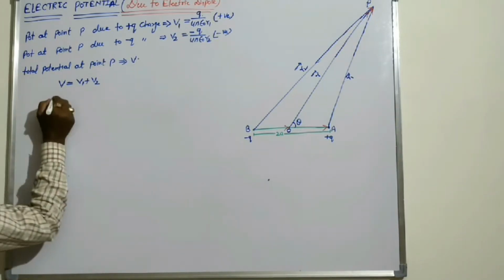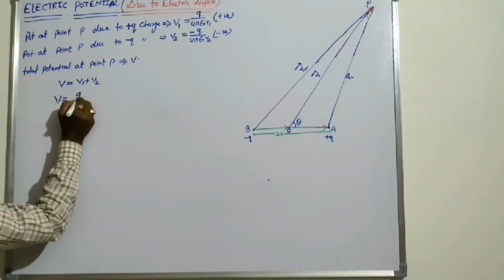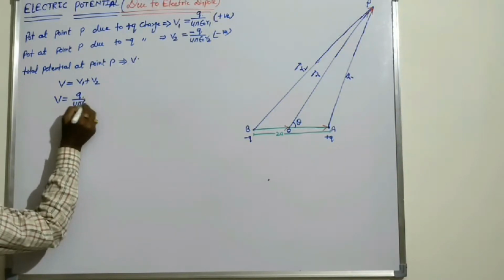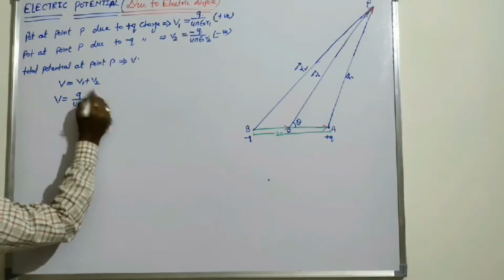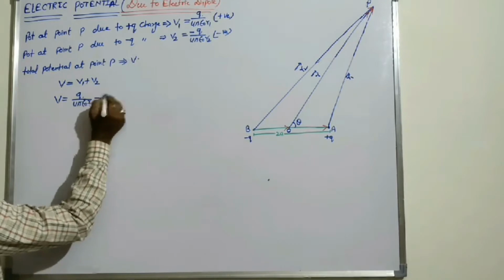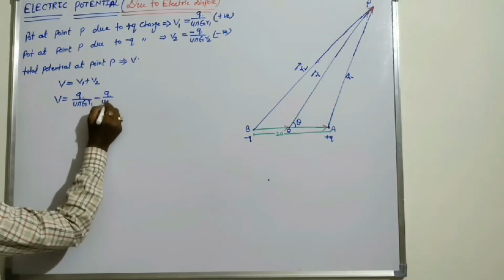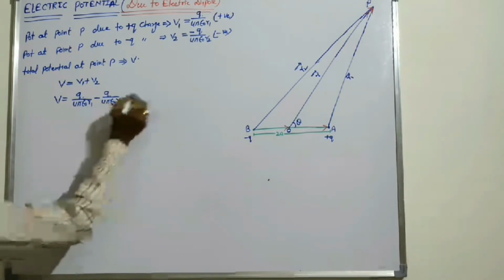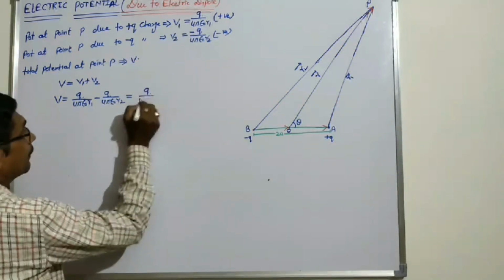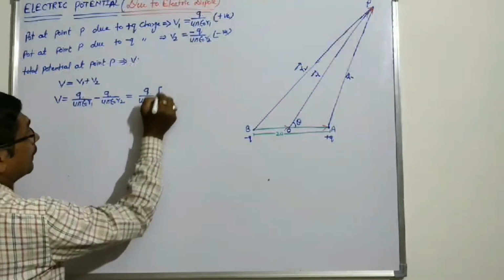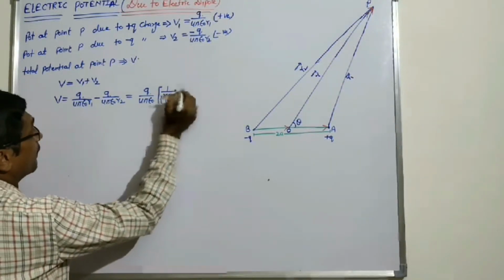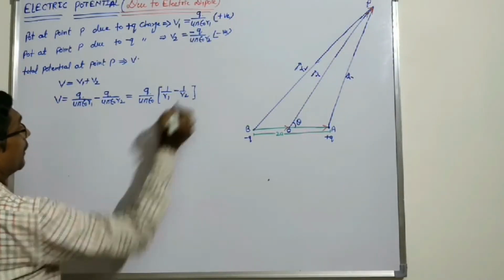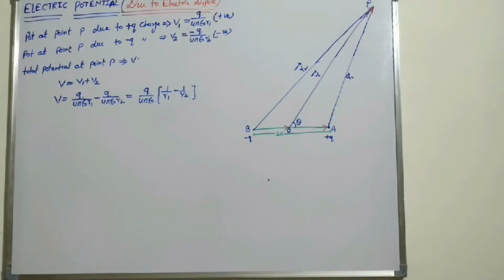And we put here value of V1 is equals to Q upon 4 pi epsilon naught R1, and V2 is negative, that's why here is negative, Q upon 4 pi epsilon naught R2. This can be written as Q upon 4 pi epsilon naught, 1 upon R1 minus 1 upon R2. Okay, this is equation number 1.